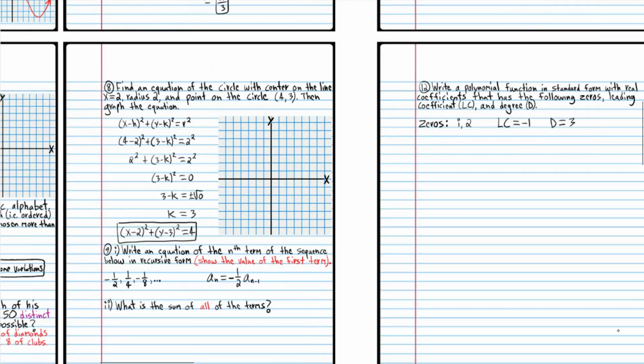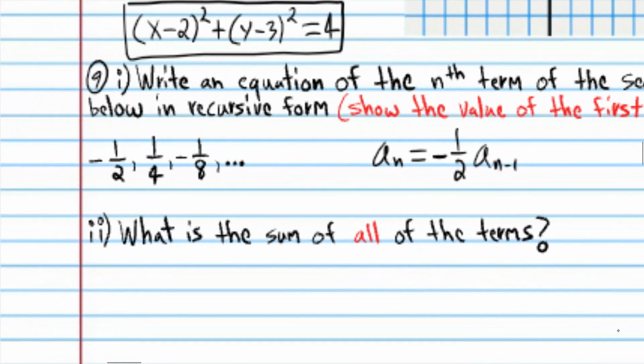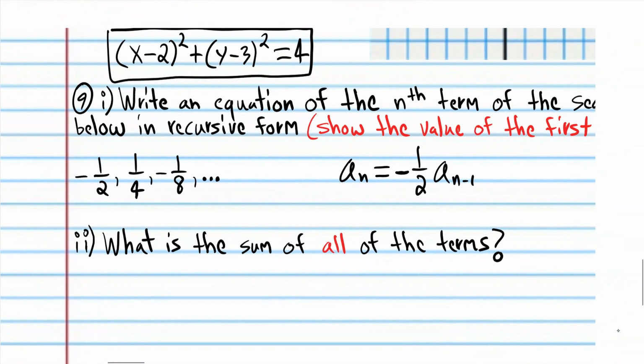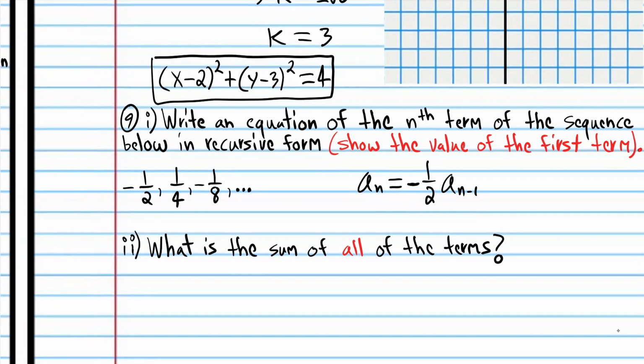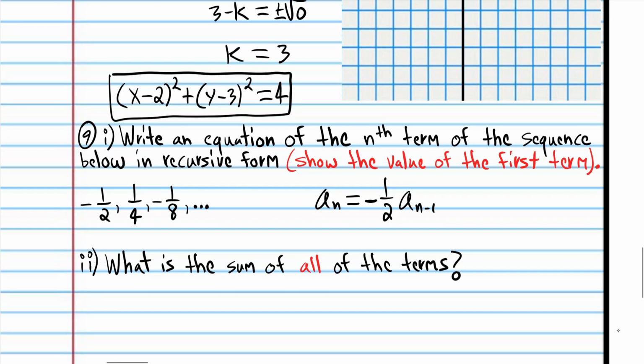Now, that tells us how to find a term given the previous term, but it doesn't really define the sequence completely because we don't have a starting point, right? So we need a starting point. So I'm going to write a1 is equal to -1/2.